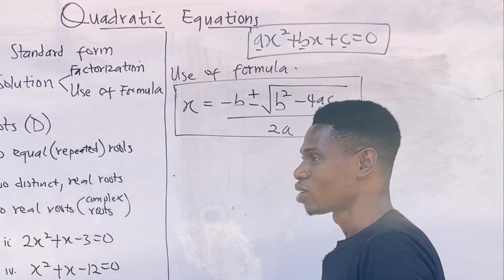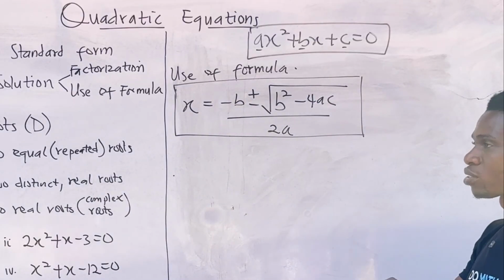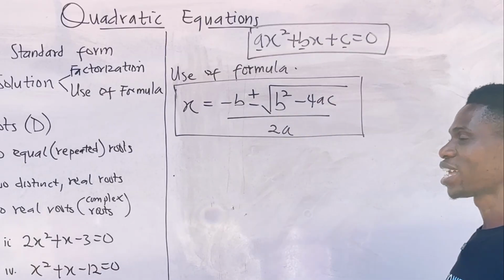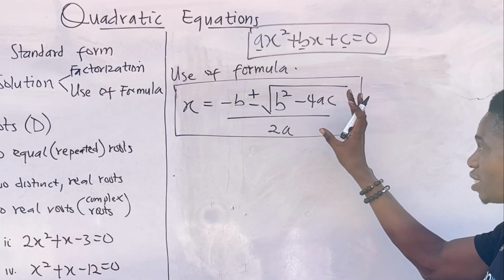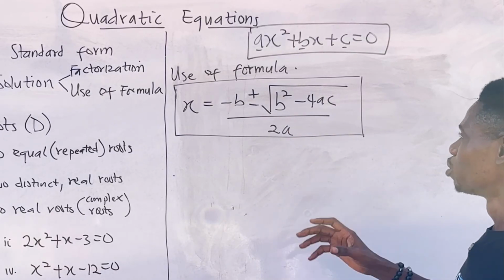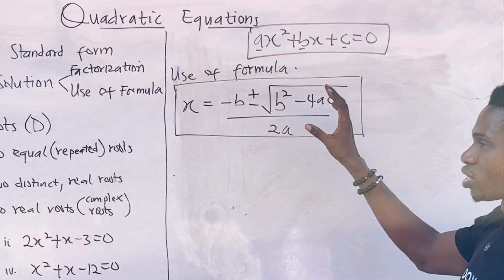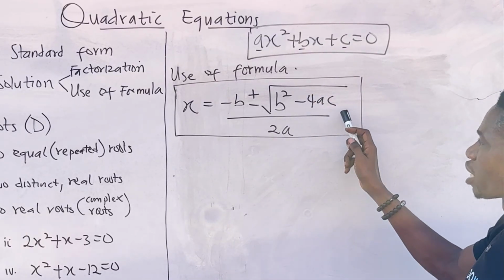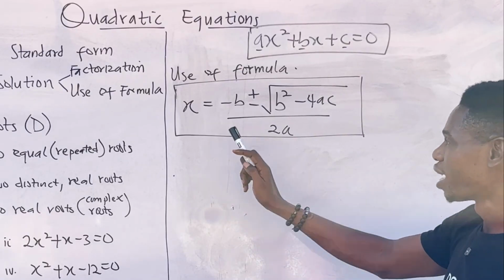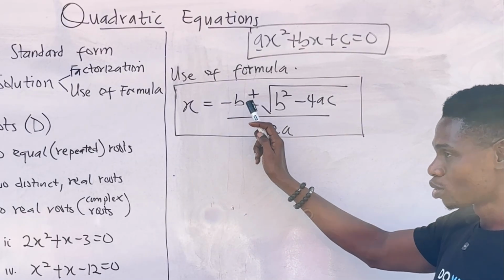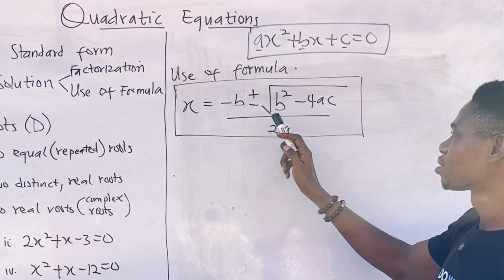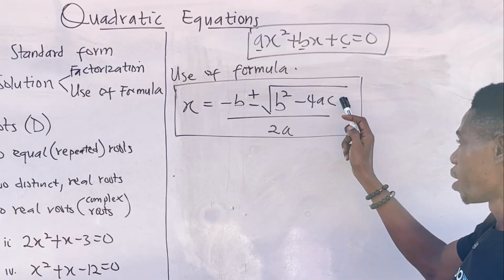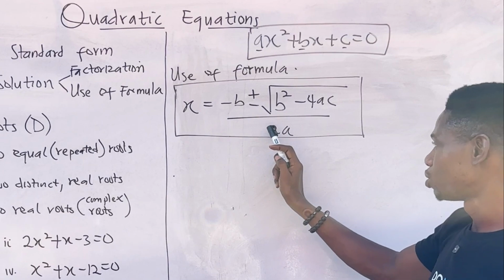Like I said, one advantage of this formula over the factorization method is that it can solve all the equations. Any quadratic equation can be solved by this formula. But if the roots are complex, you just get stuck when you try to factorize it. So this formula gives you everything. So let's master the formula. x equals minus b plus or minus the square root of b squared minus 4ac all over 2a.